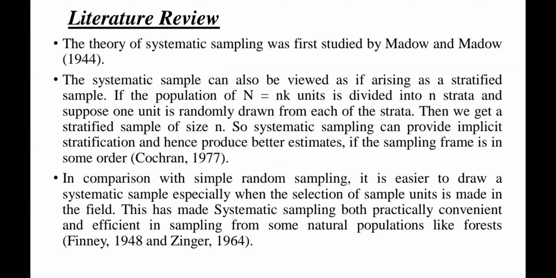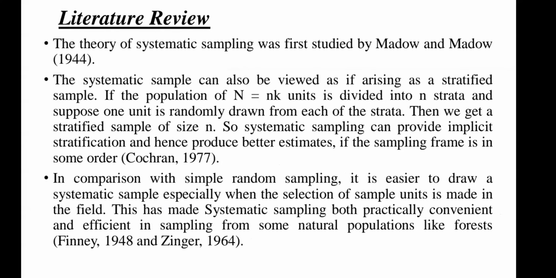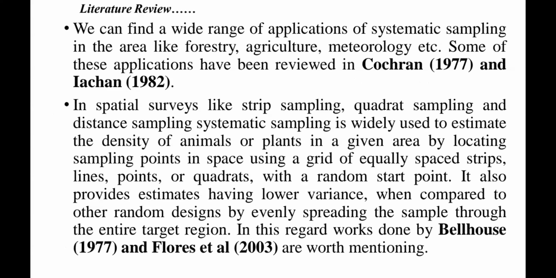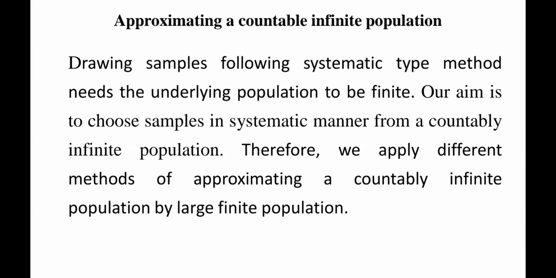Cochran is one of the pioneers in this field, and there is a lot of research material available on this topic. Here, what we have done in this paper is this: systematic sampling needs the underlying population to be finite. This is the main point that should be kept in mind.